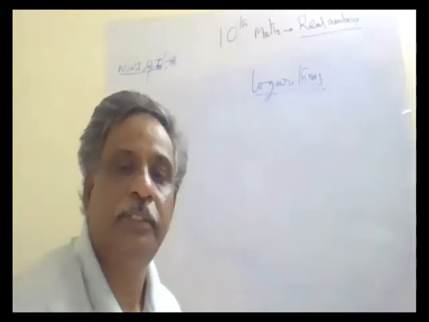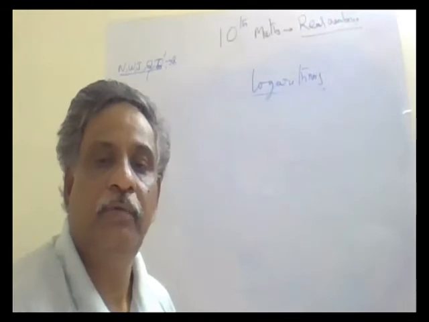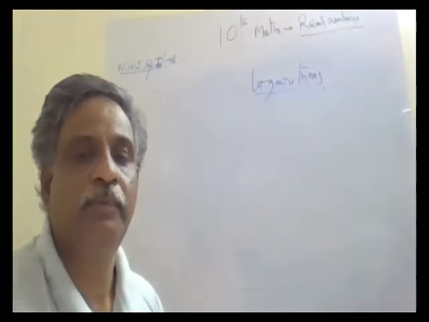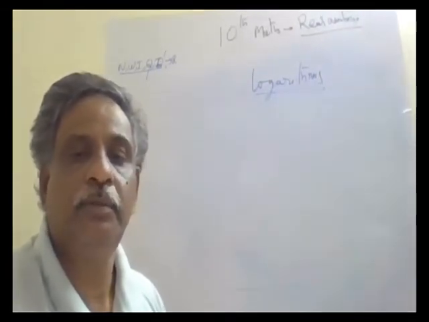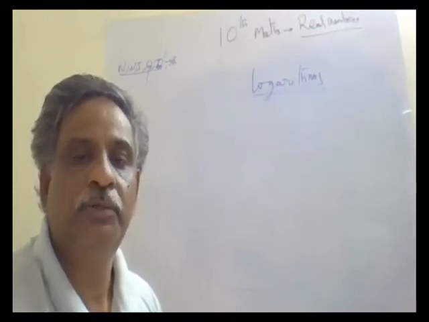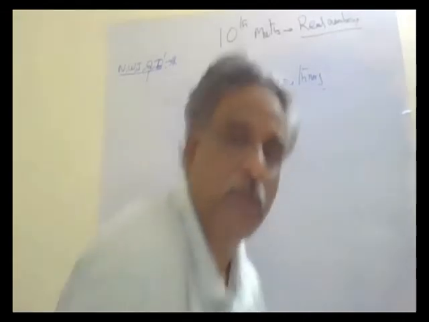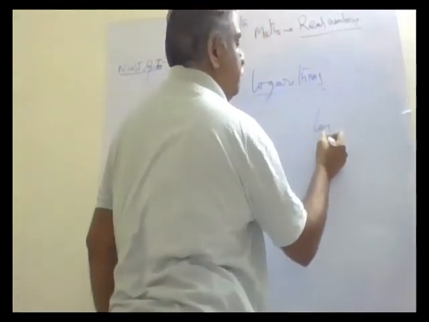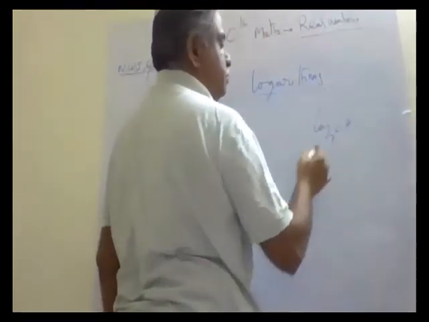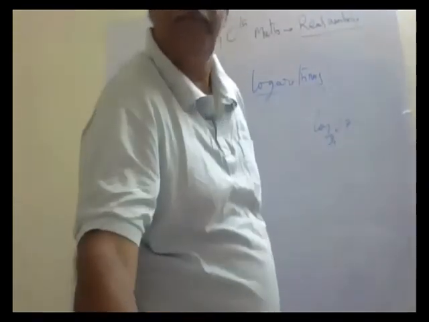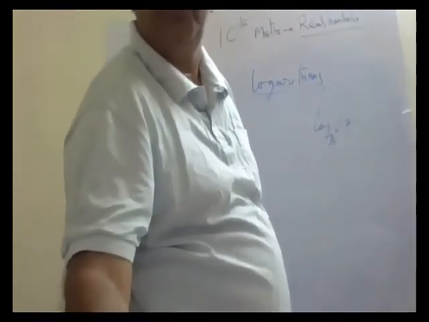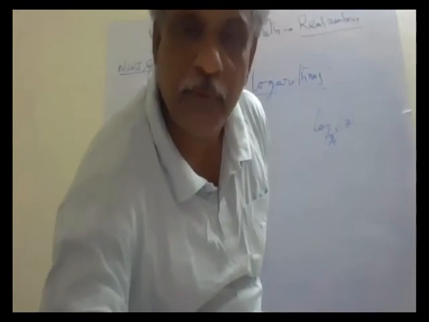Now let us see this. Determine the value of the following. I am taking log of root x to base x, and the second one is log of 5 root 2 to base 2. Let us do these two as an example. First, log of root x to base x.